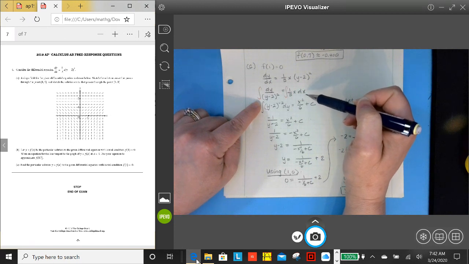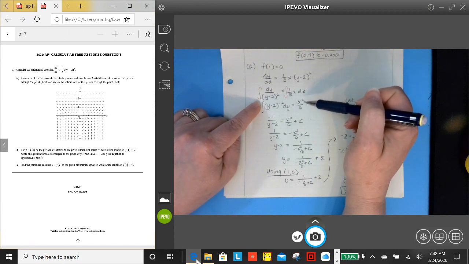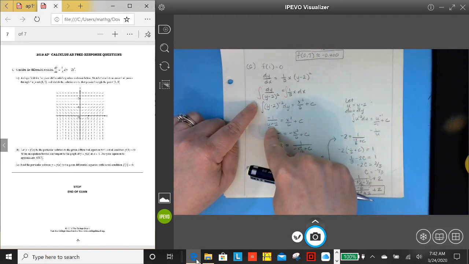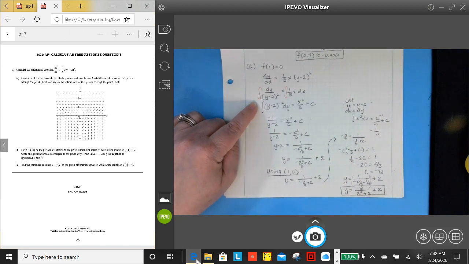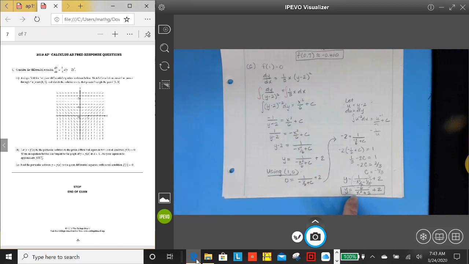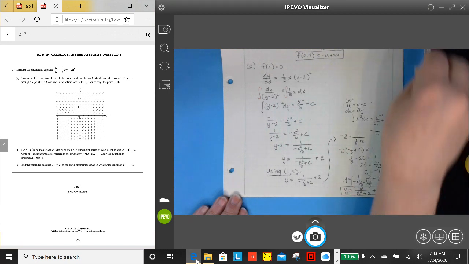You get 2 points for the antiderivatives. They were kind enough to give you a point for this antiderivative and a point for this antiderivative. Okay? Then you get a constant of integration and initial condition point. So if you get a plus C and you use 1, 0, you get a point. And then you get a point for your final solution. So that's 5 points on this problem, which is very cool.